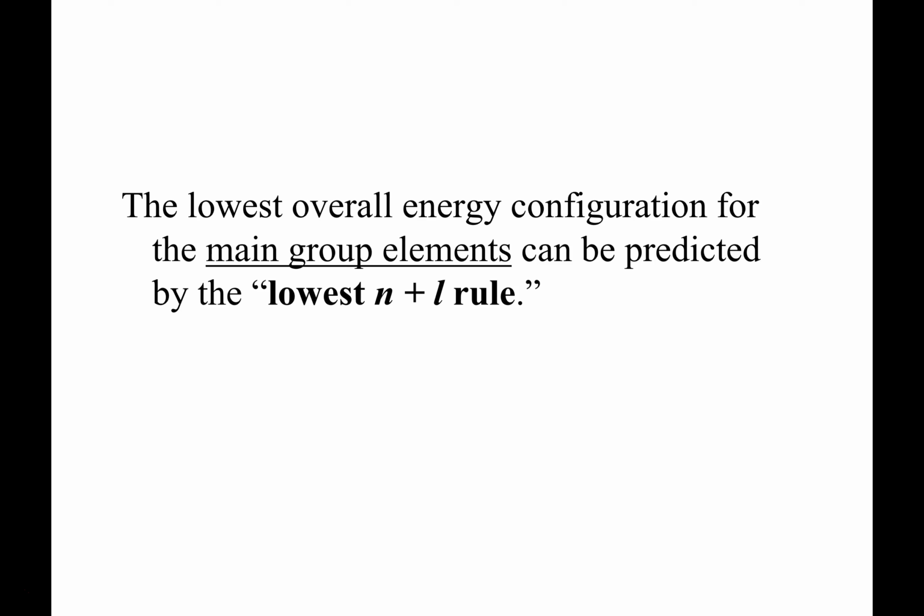And I already told you I'm going to have to kind of, and I think it's coming up, reorder a few of these subshells with regard to their relative energies. In order to know which subshell is going to have the lowest energy, we can use what's called the lowest N plus L rule. So if I go over next to, grab a different color, next to each one of those subshells, I could write an N plus L value.